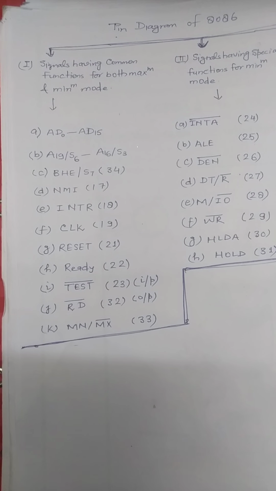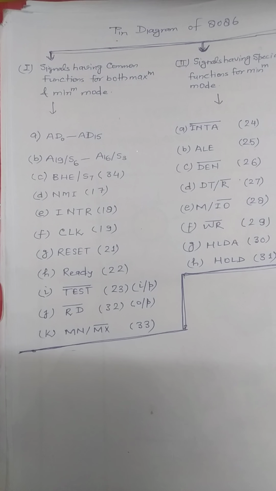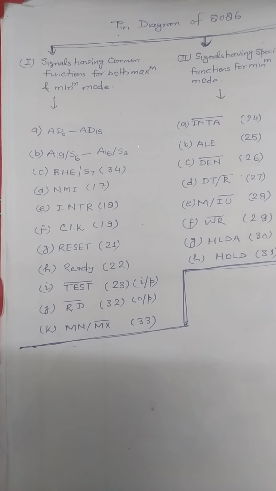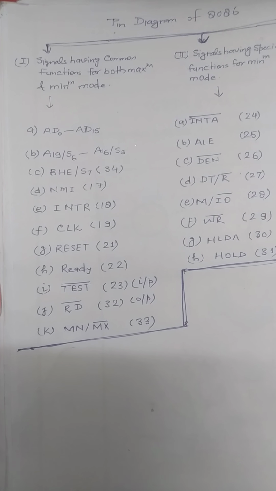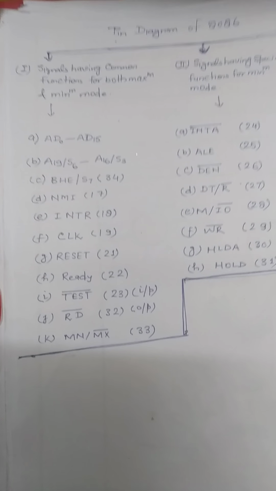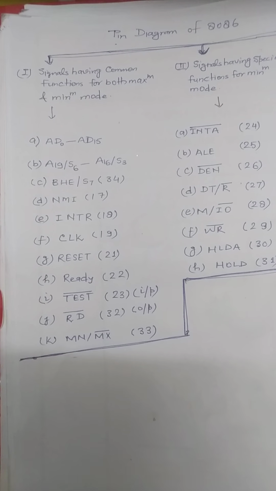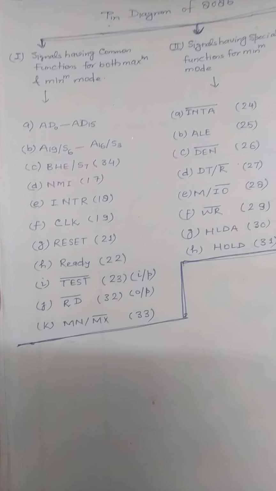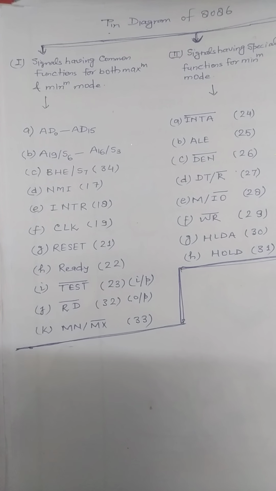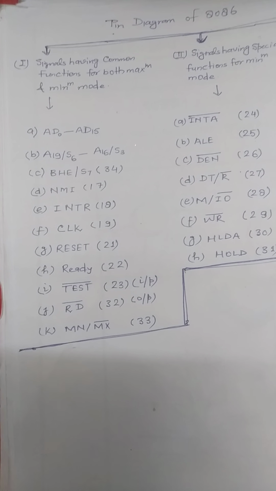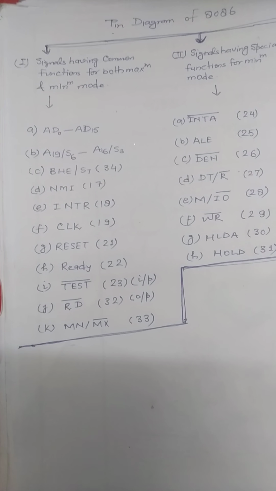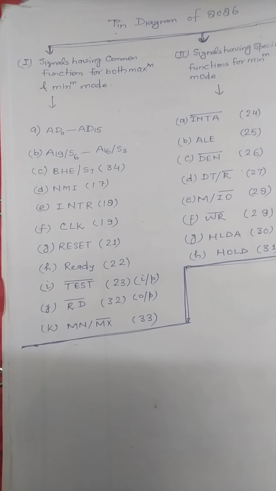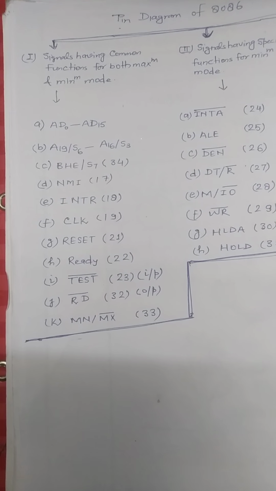Second is A19/S6 to A16/S3. These are address/status signals. In the first machine cycle, A19 to A16 are used as address signals, and in subsequent machine cycles, these are used as status signals.